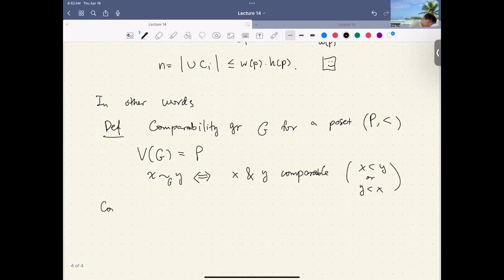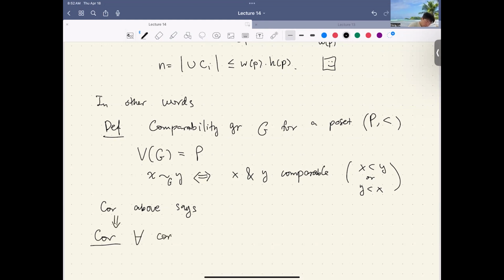So the corollary above says, for any comparability graph, let's state it again as a separate statement. New corollary.